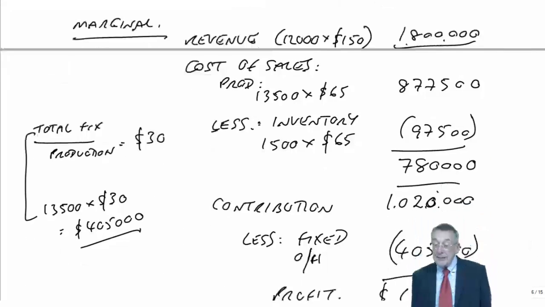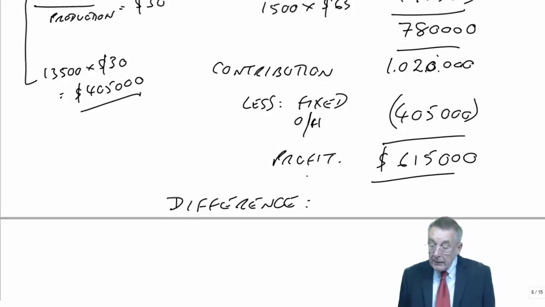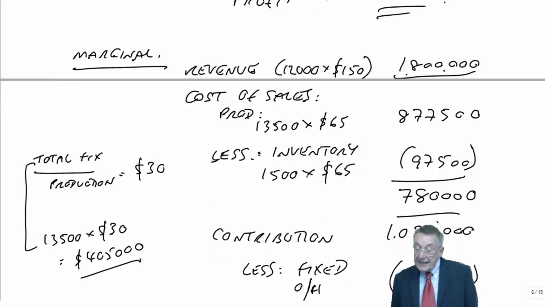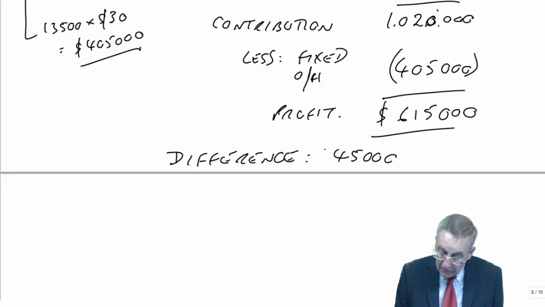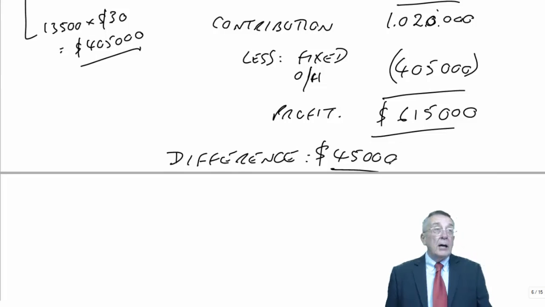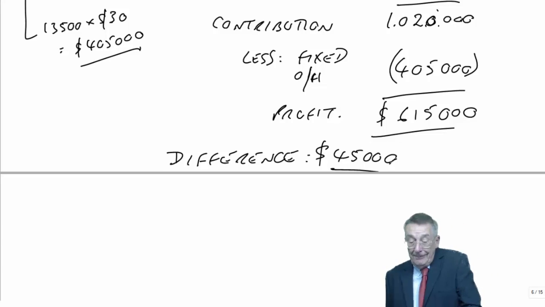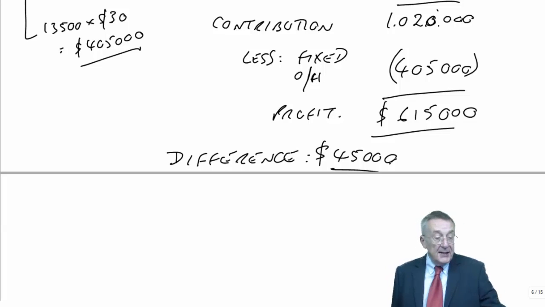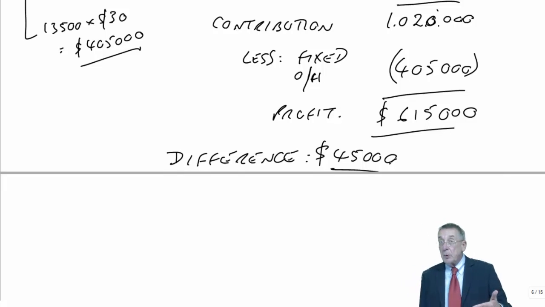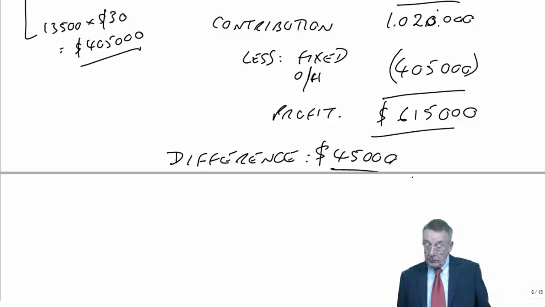The two are different. And in fact, the difference, which is what this question actually asked, was 660 as against 615. The difference is 45,000. However, I also said a few minutes ago, although you should be happy with what I've done there, if it was simply, as it's asked, what will be the difference in reported profit, you should be able to write it straight down.